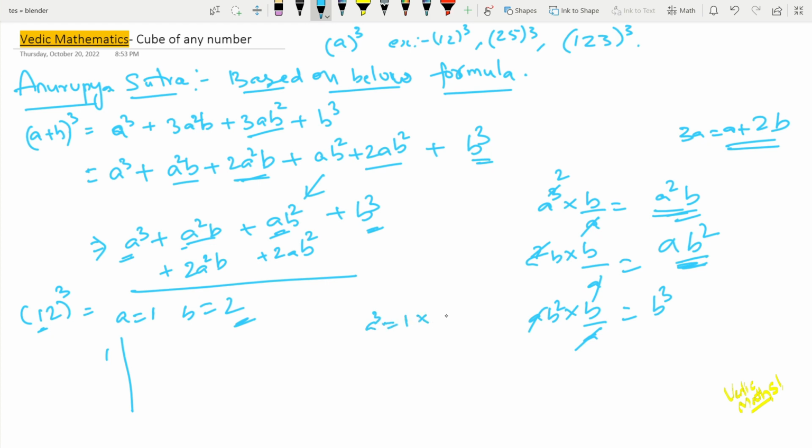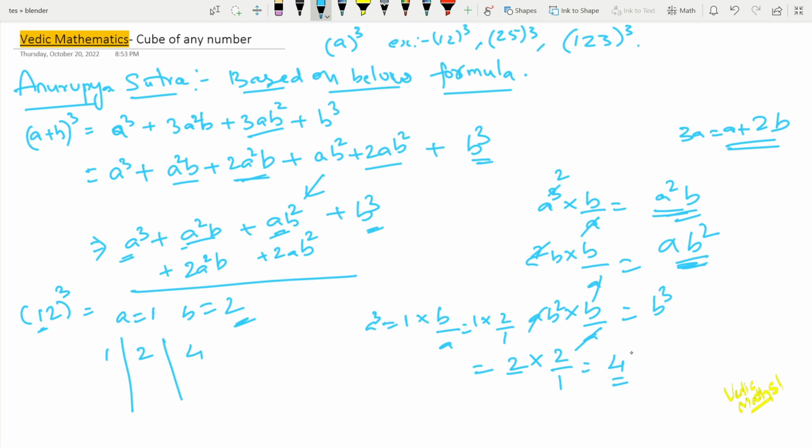Now you have to do b by a, which is 1 into b, that is 2 by 1, so your answer is 2. You place it like this. Now this part is done. Now you have the second term. You have to multiply 2 by 2 by 1, because b by a is 2 by 1, and you'll get the answer 4.